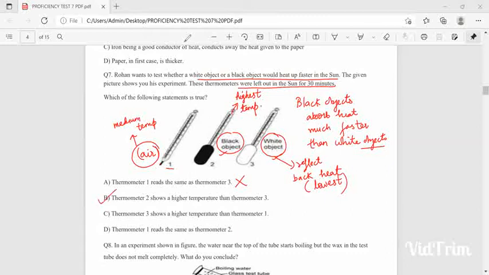Option C is thermometer 3 shows a higher temperature than thermometer 1. No. The temperature will be maximum in thermometer 2 and minimum in thermometer 3. So the correct answer of question number 7 is option B.